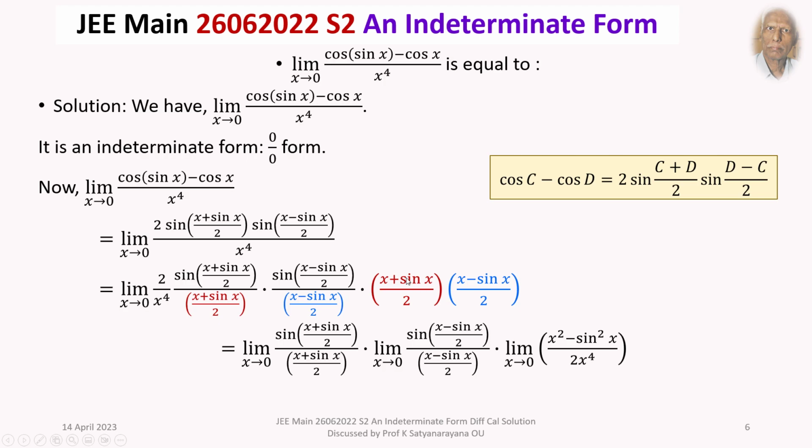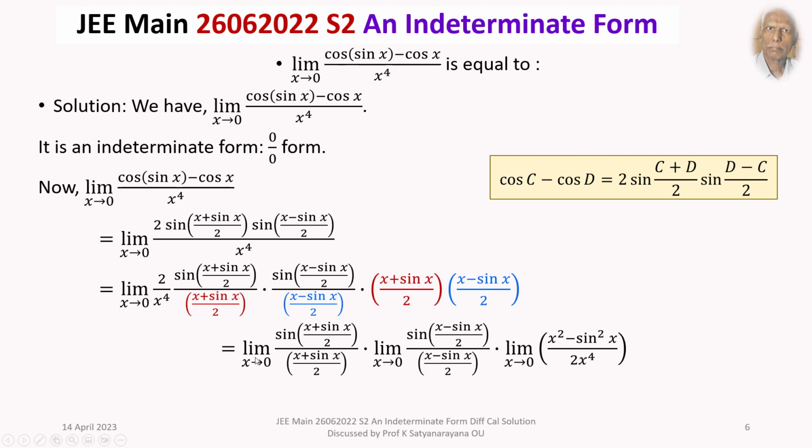And (x plus sin x) into (x minus sin x) is (x square minus sin square x) by 4. And there is already a 2 by x to the power of 4. The 2 cancels, and you will get (x square minus sin square x) by 2x to the power of 4 as limit x tends to 0. And as limit x tends to 0, this is 1, and this is 1. Why?